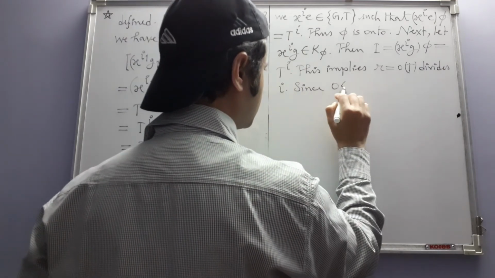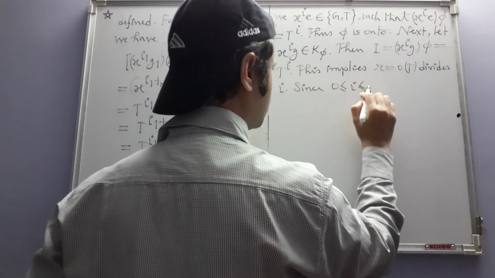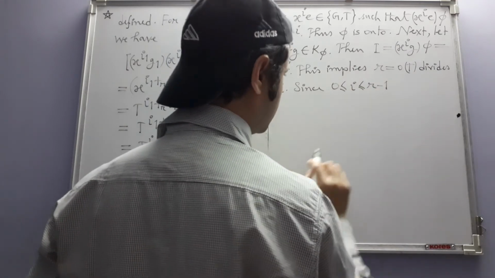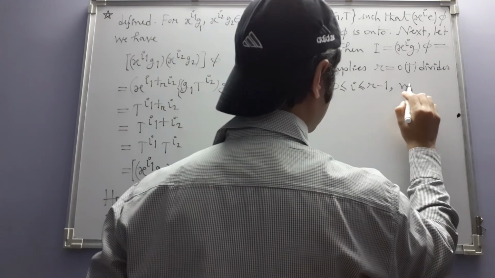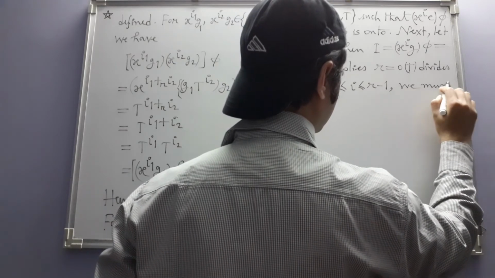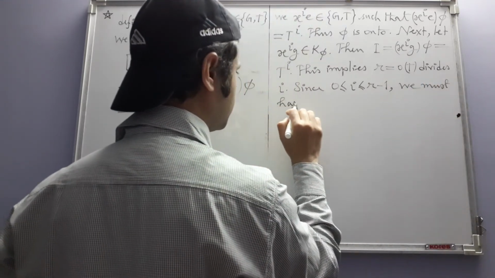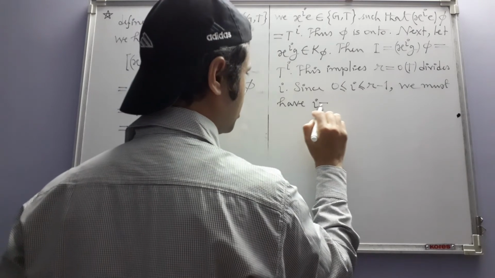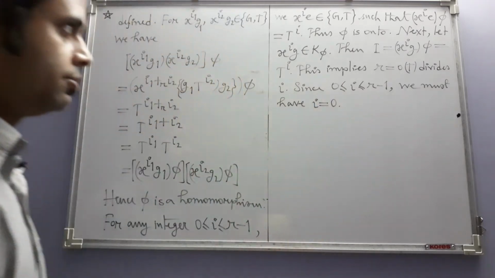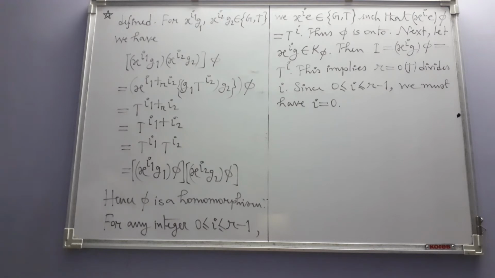Since i is an integer satisfying these inequalities, we must have i equal to 0. Okay, so i should be equal to 0.